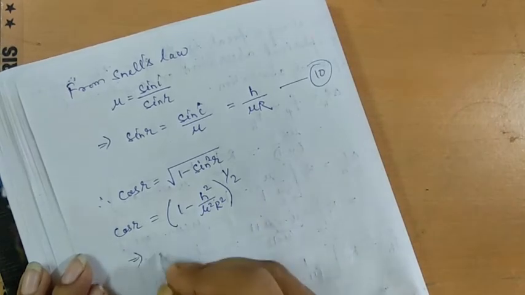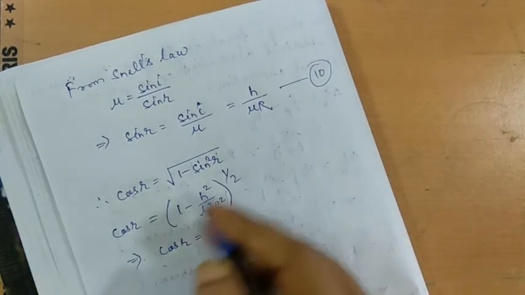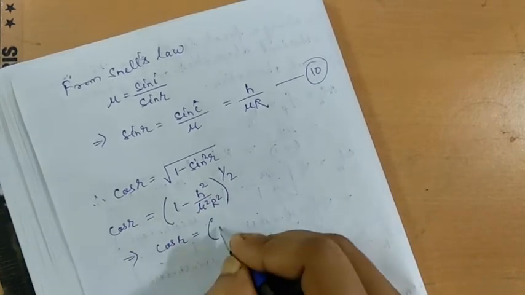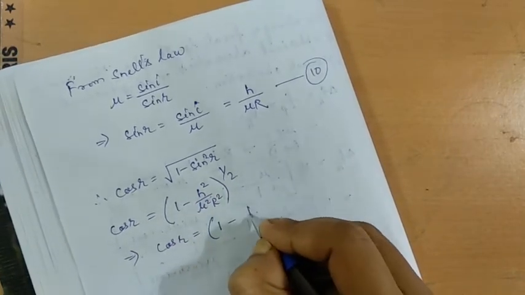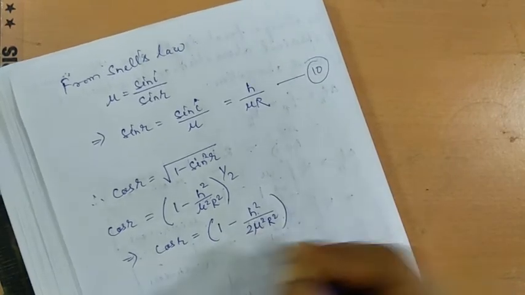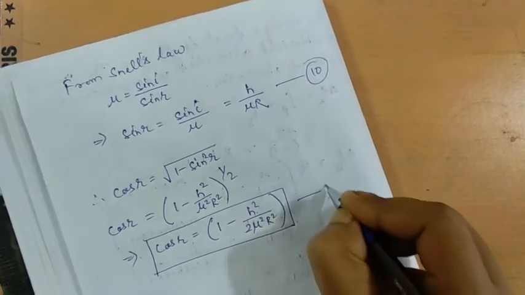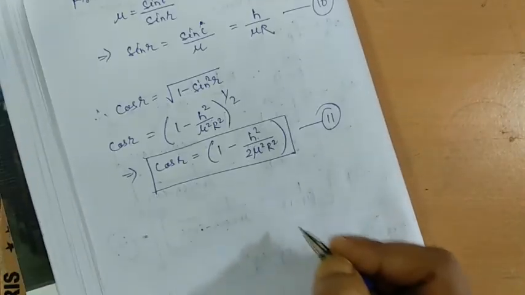Or you can say, by using the binomial theorem, we can express this as cos r is equal to 1 minus h square by 2 mu square r square. So this is the value of cos r. Let's say this is equation 11.